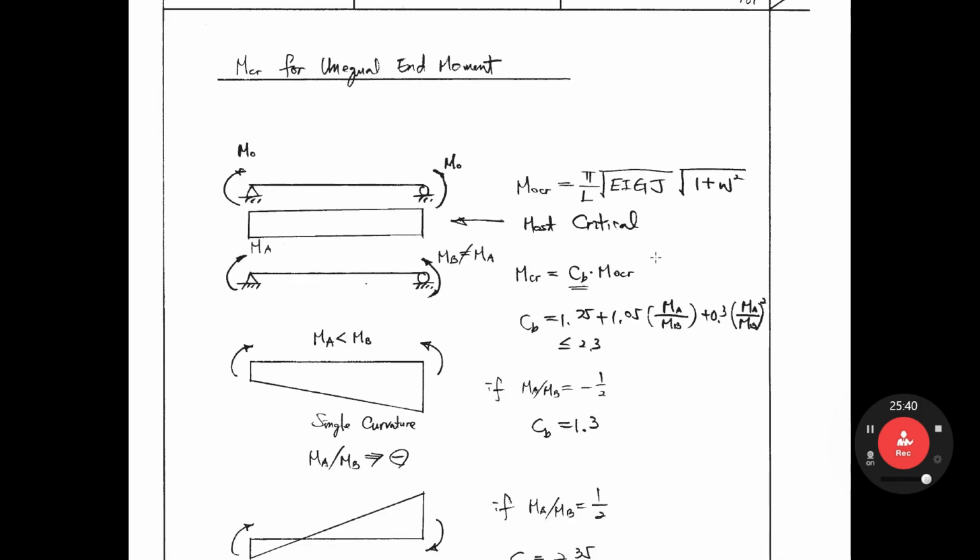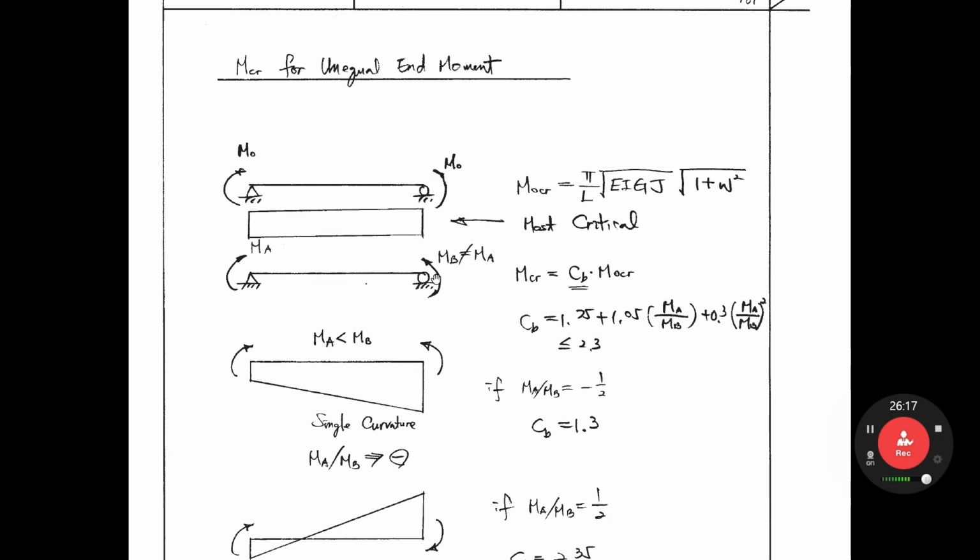How about different end moment cases? Up to now, we assumed the same magnitude of moment at both ends, right? In that case, for a wide flange section, M0cr can be written like this. We have the uniform moment like that. This is the most critical case.